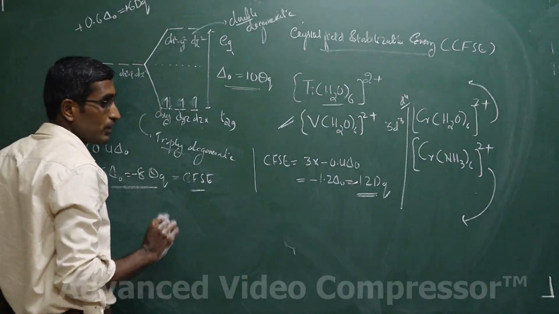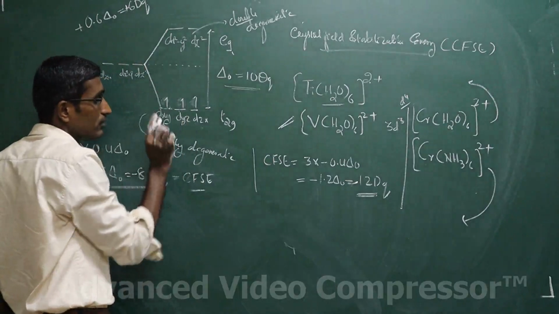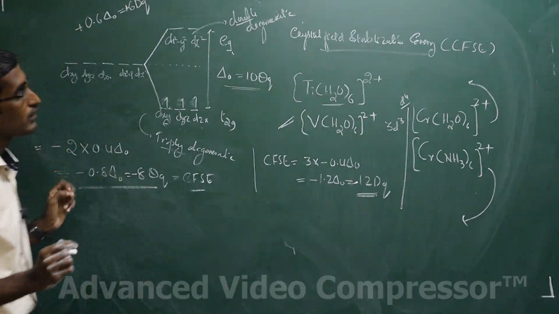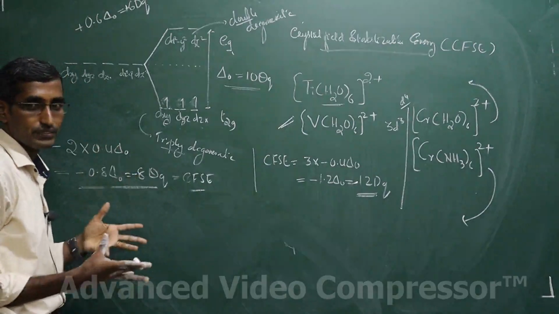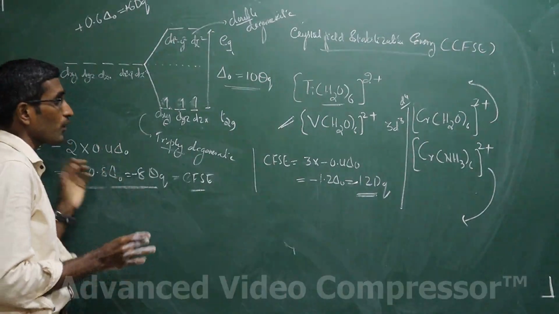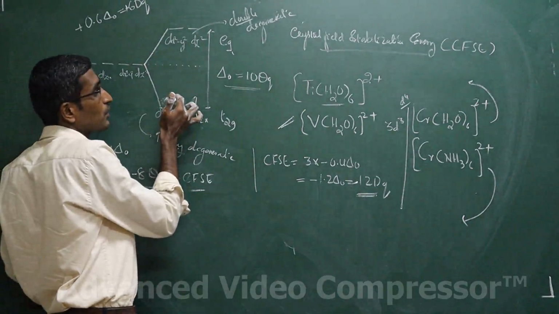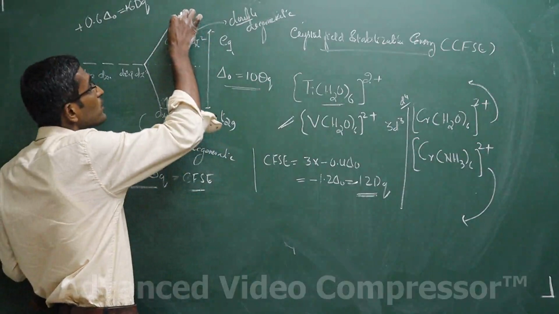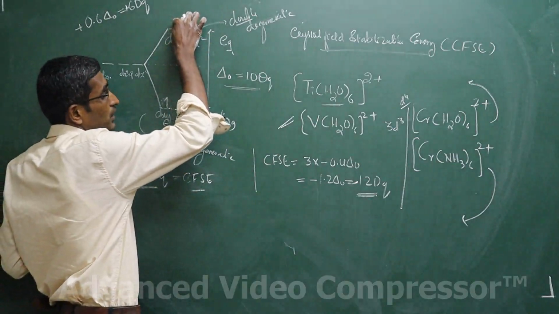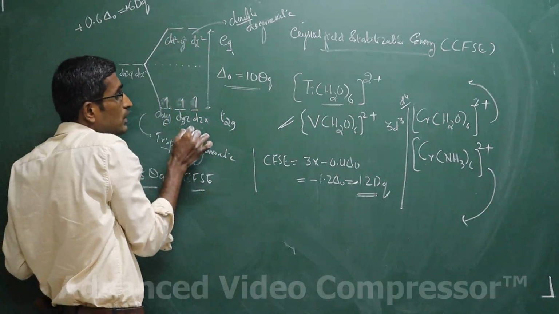Are you getting my point? Very, very important, student. This point is very, very important. This will decide everything. The fourth electron can be placed over here by pairing the two electrons, or you can put it on the Eg orbital, rather than putting it on the T2g orbital.